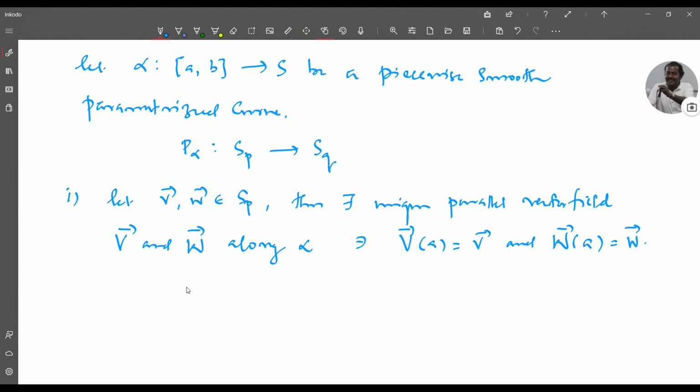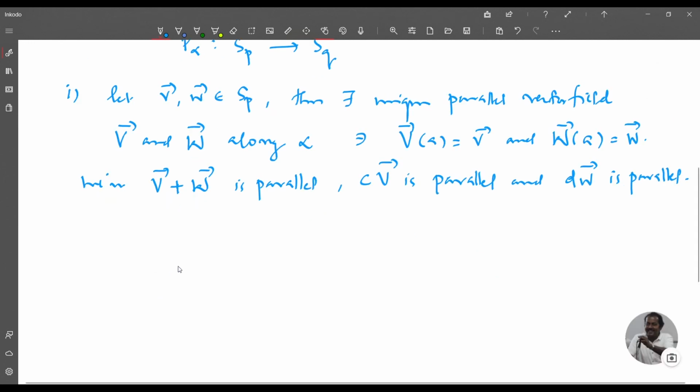And you know that V plus W is Levi-Civita parallel, cV is Levi-Civita parallel, and cW is also Levi-Civita parallel along alpha.